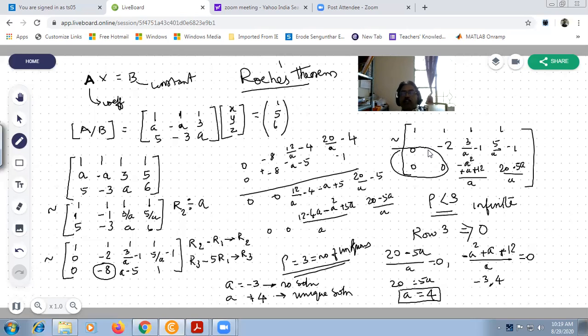So number of non-zero rows gives you the rank. So the rank here can be decided by the value of A. So this one is the problem. We shall discuss the next problem.